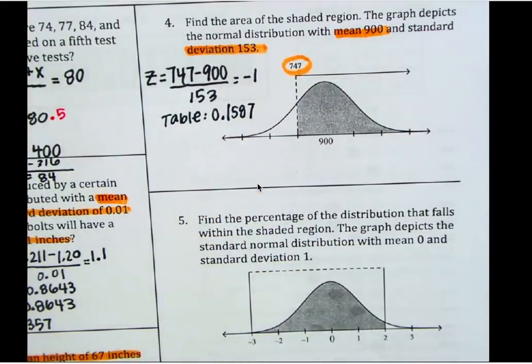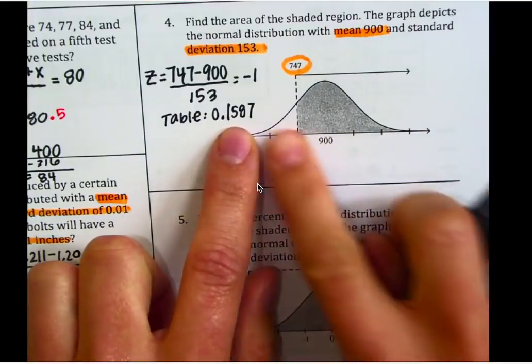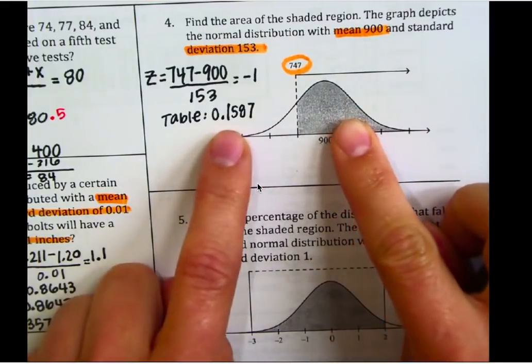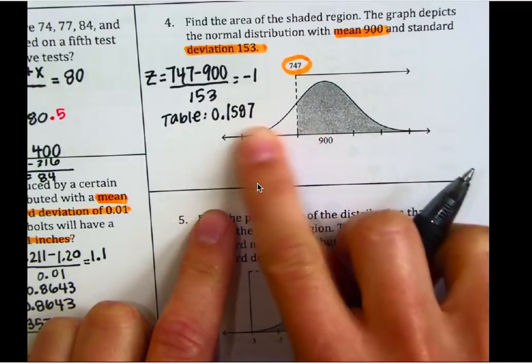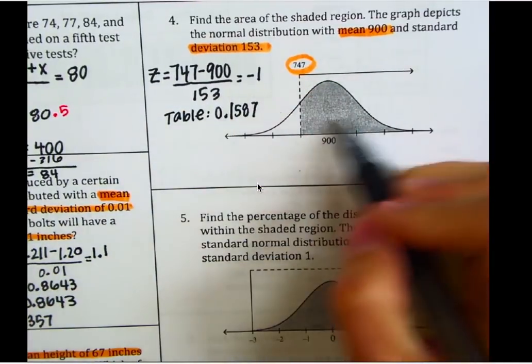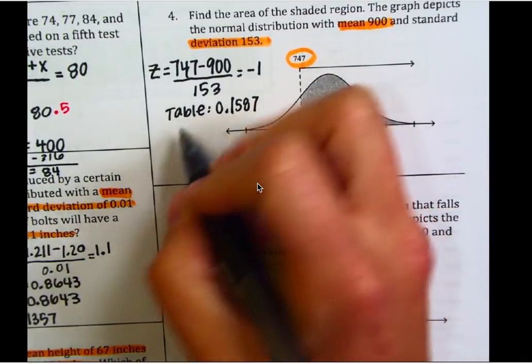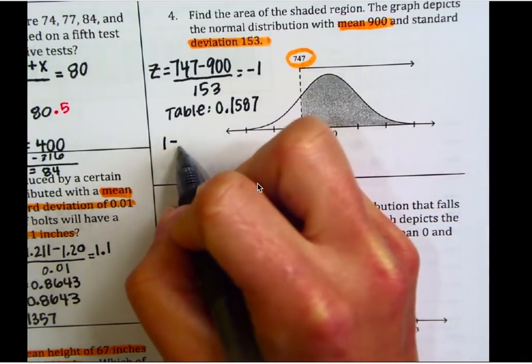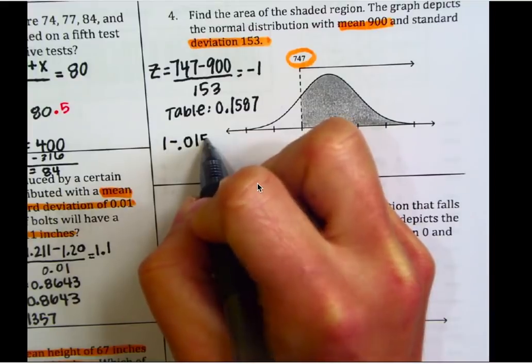Okay, so that is not going to be the area that's shaded. That's telling us the area to the right because the table values tell us the area to the right. So again, because this is greater than, we have to do the complement, which means we are going to subtract the table value from 1.